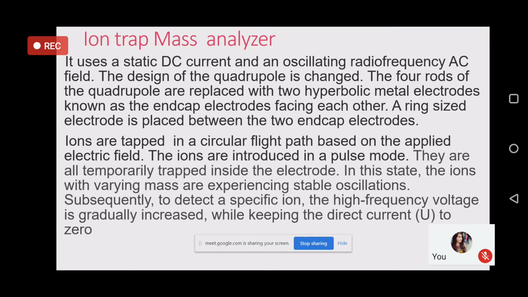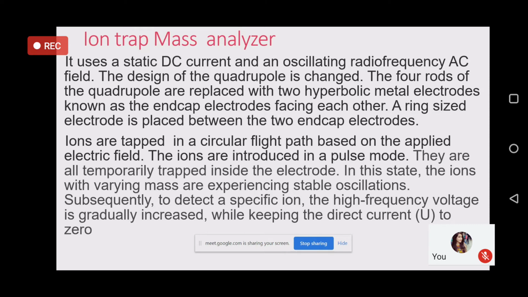Subsequently, to detect a specific ion, so when I want one particular ion of one particular m by z value, what should I do? All of them are confined in that volume. They are moving in an orbital or semicircular path because of the electric field producing an oscillating or changing magnetic field. So to detect a specific ion, this particular condition, which has stabilized all the ions with different m by z, should be changed.